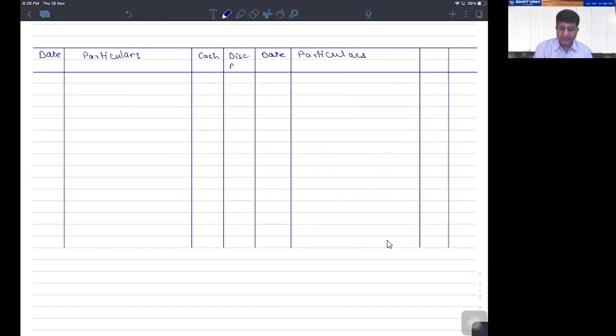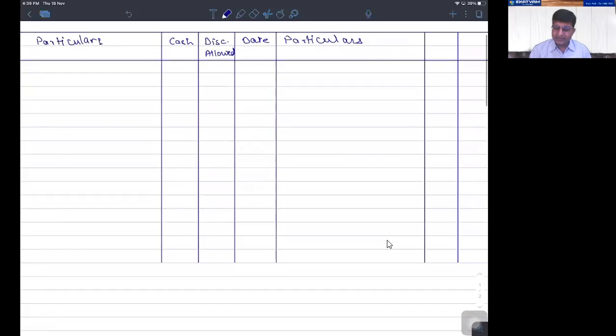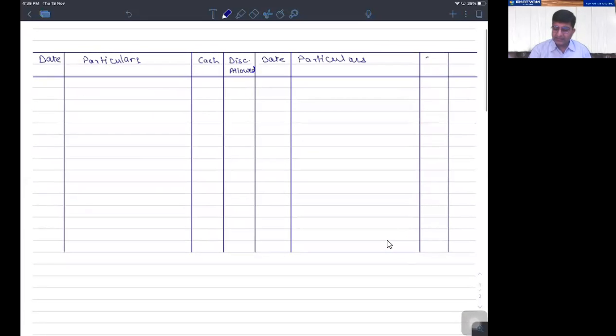On the debit side, it will be discount allowed, and on the credit side, we'll have the columns as cash and discount received. Debit side column is discount allowed and credit side column is discount received.